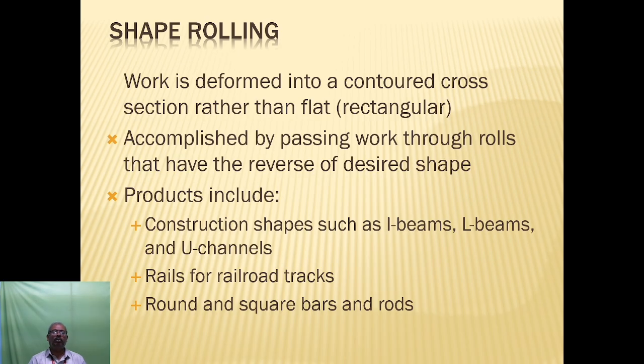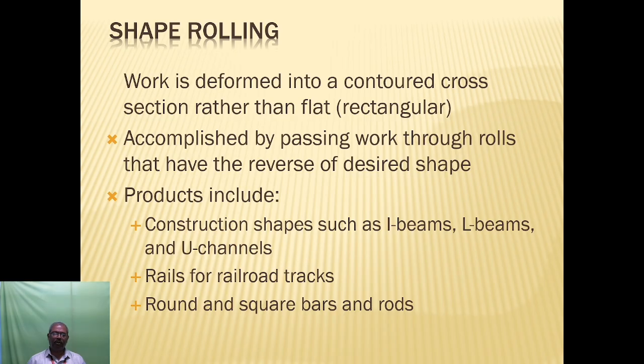In shape rolling, work is deformed into a contoured cross section rather than a flat, that is a rectangle. It is accomplished by passing work through rolls that have the reverse of the desired shape. Products include construction shapes such as I-beams, L-beams, U-channels, rails for railroad tracks, round or square bars and rods.